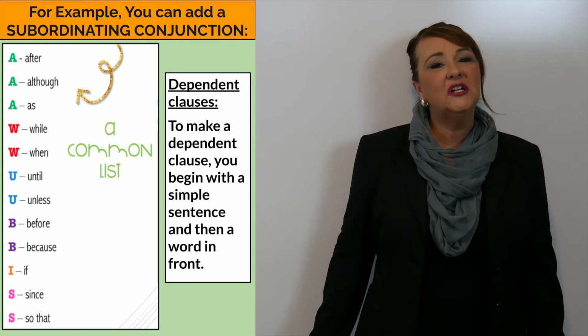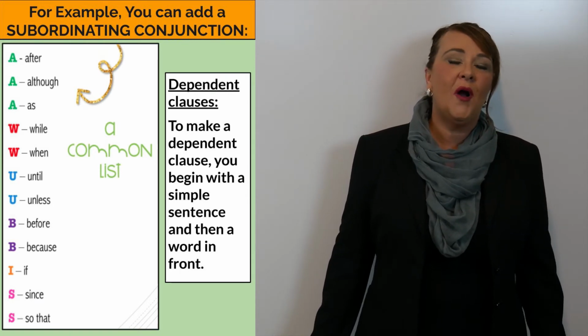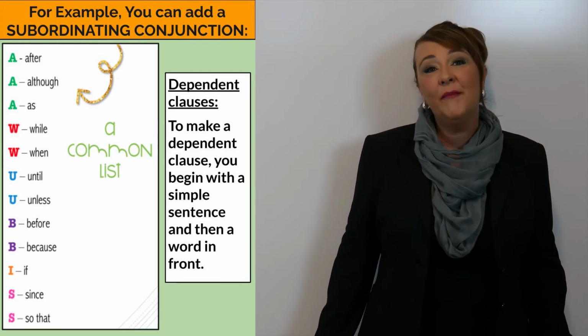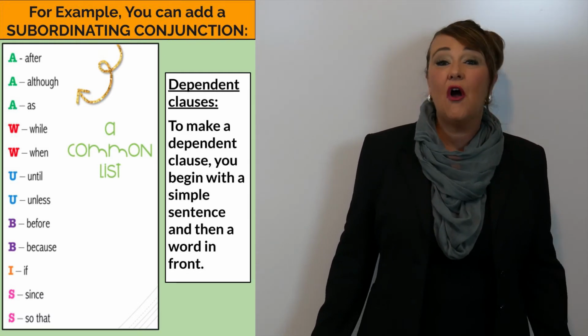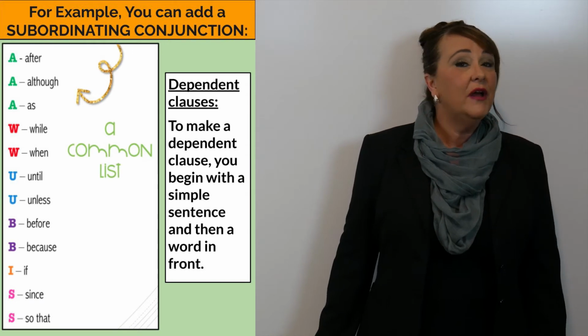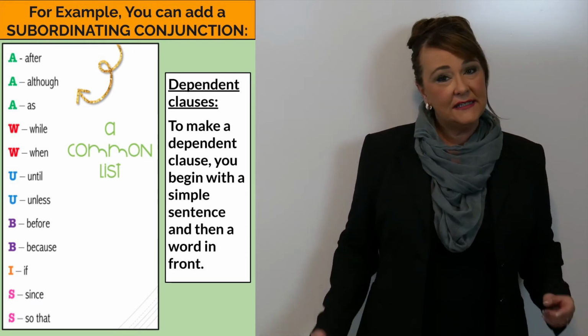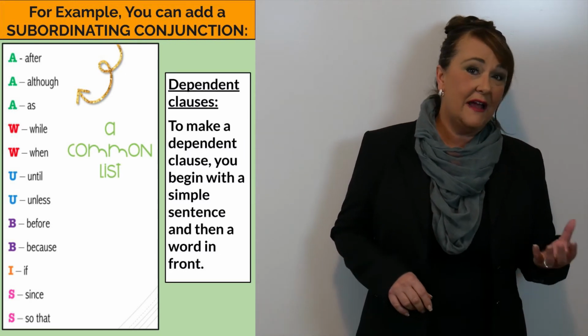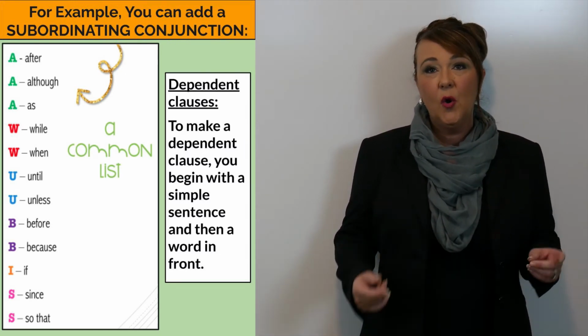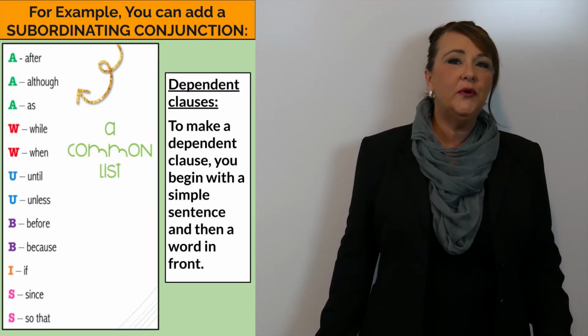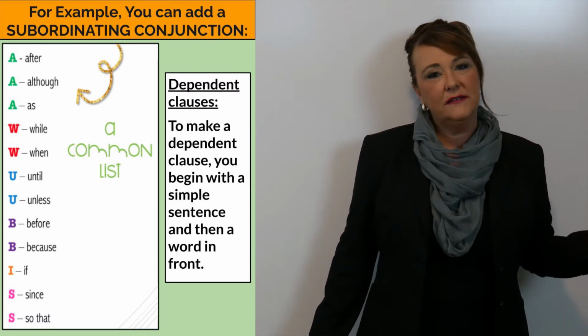It will make it much easier for you to form complex sentences if you know what the most common subordinating conjunctions are. Now, to make a dependent clause, you begin the simple sentence, which does have a subject and a predicate, with that subordinating conjunction. You put it in front of the simple sentence.